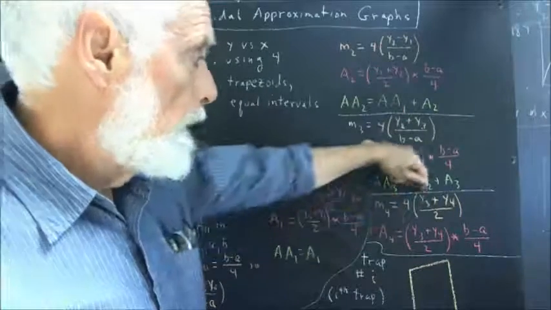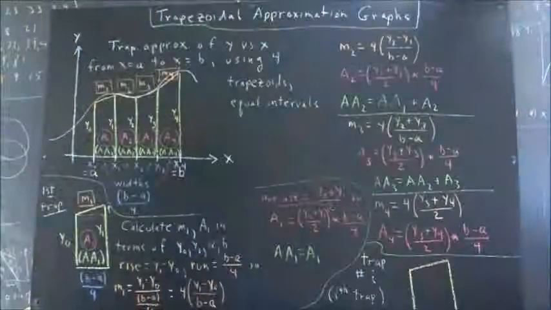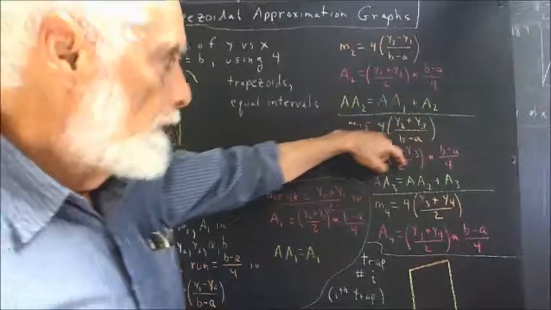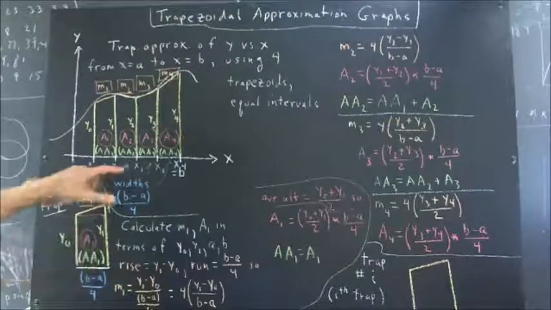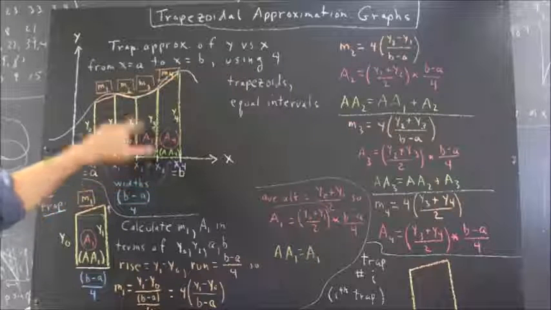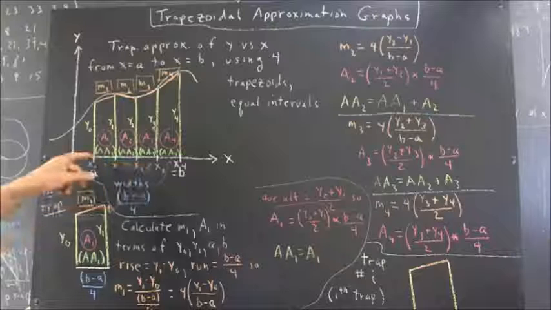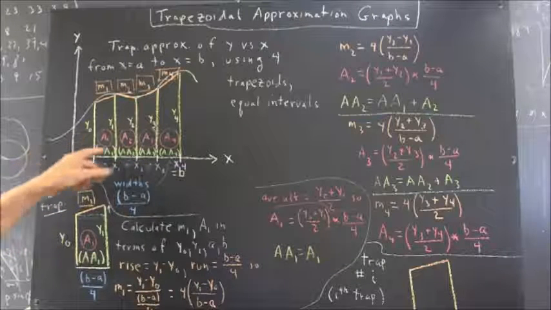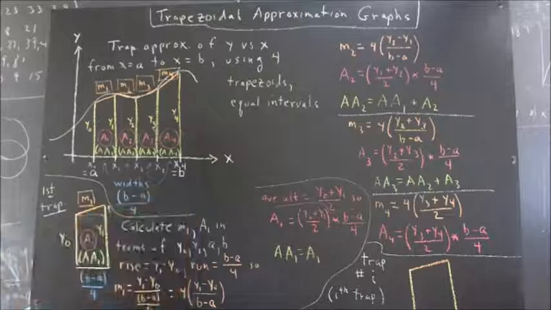And similarly, we'll have y3 and y4 in our calculations for the fourth trapezoid. The accumulated area of the third is the accumulated area of the second plus the area of the third. That is, the area we obtained through here added to the area we obtained here gives us the area from here to here. And similarly, AA4 is going to be the accumulated area from here to here, the total of the area of all four trapezoids.